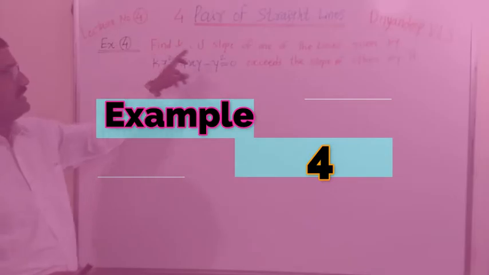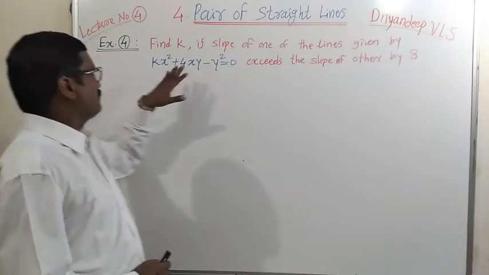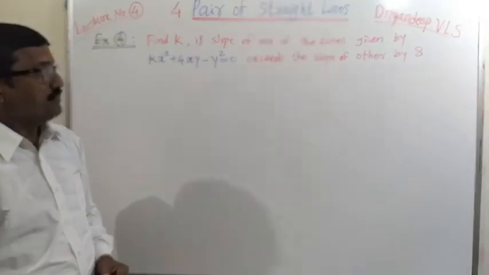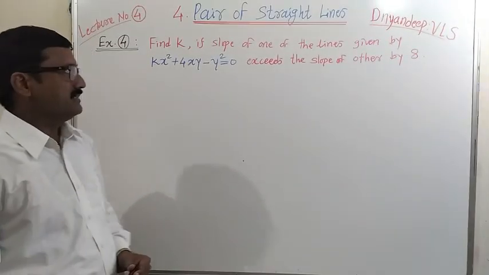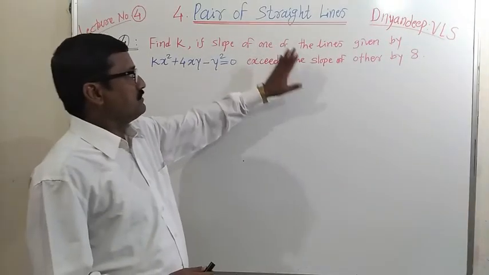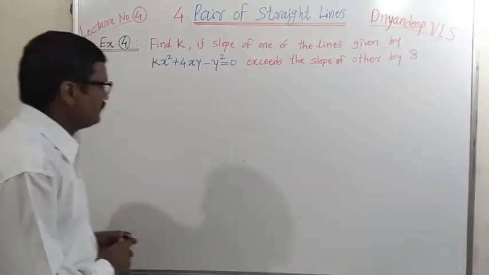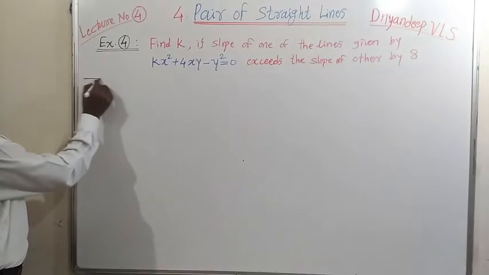Find k if slope of one of the lines given by this equation exceeds the slope of the other by 8. Means slope of one line is more than the slope of second line by 8. For that, we will suppose their slopes first.